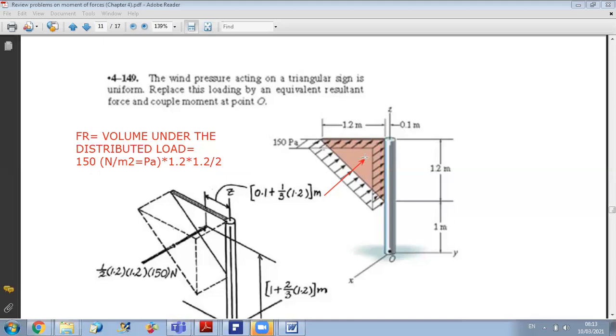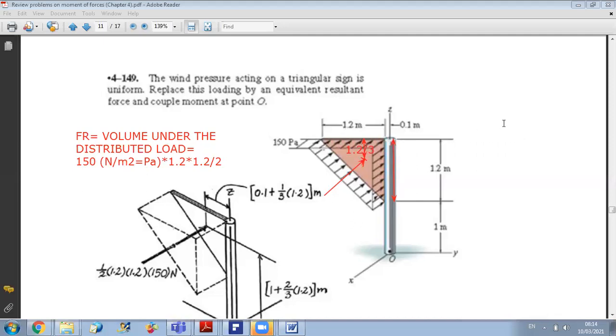The centroid G of the base is at 1/3 from the base, so this distance should be the base length over 3, which is 1.2/3.